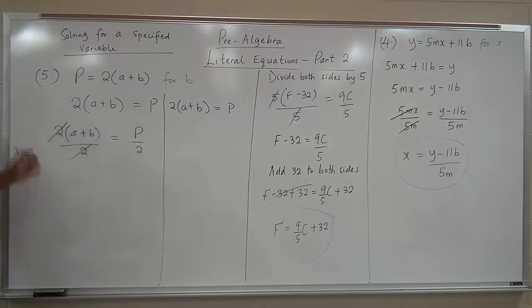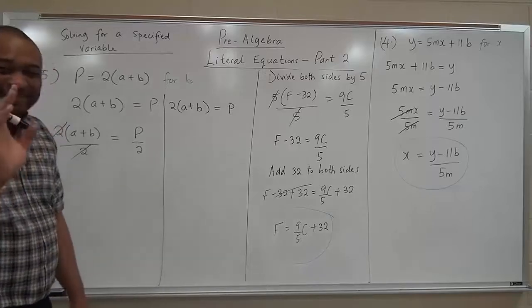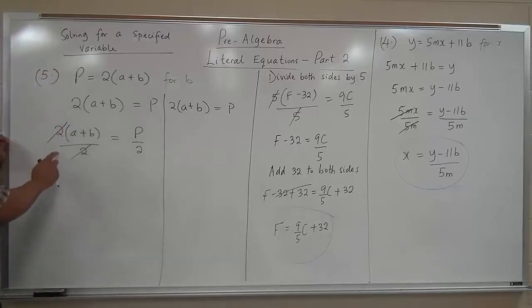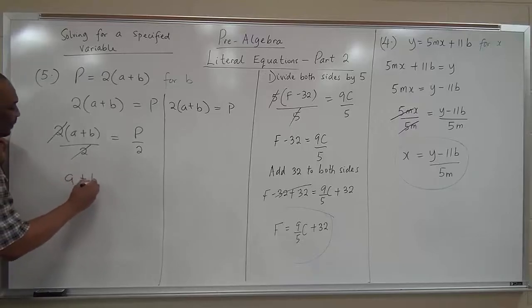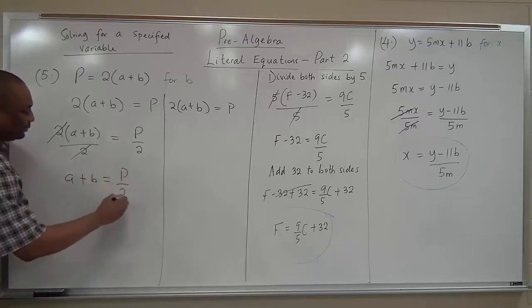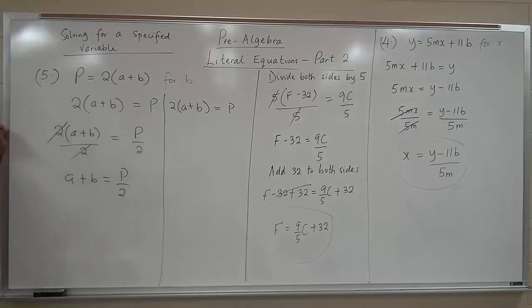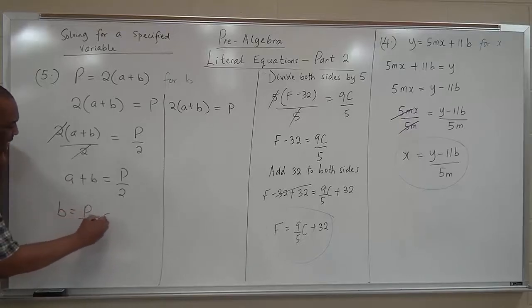So this is a plus b equal to p over 2. And then you can subtract a from both sides. So b will be p over 2 minus a.